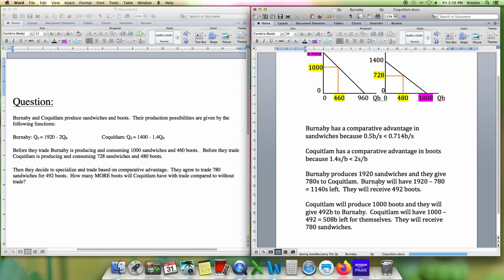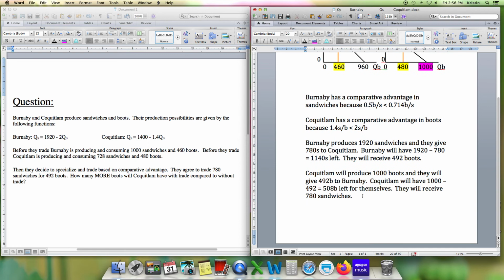Coquitlam has now 508 boots, whereas they only had 480 before. And sandwiches, they get 780, which is more than the 728 that they had before. Okay, so now the gains from trade.